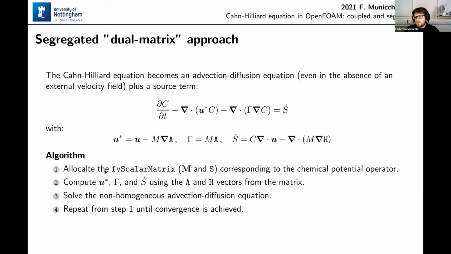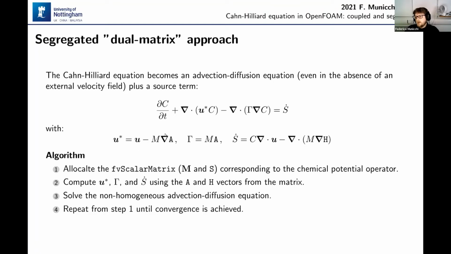The algorithm is quite straightforward. First, you allocate the matrix. M and S, in OpenFOAM, are considered basically as one matrix, because the matrix in OpenFOAM contains the actual matrix in LDU addressing plus the source term. Then you compute this U star, gamma, and S dot, so this effective velocity, diffusion coefficient, and source term, and you just solve this equation here.